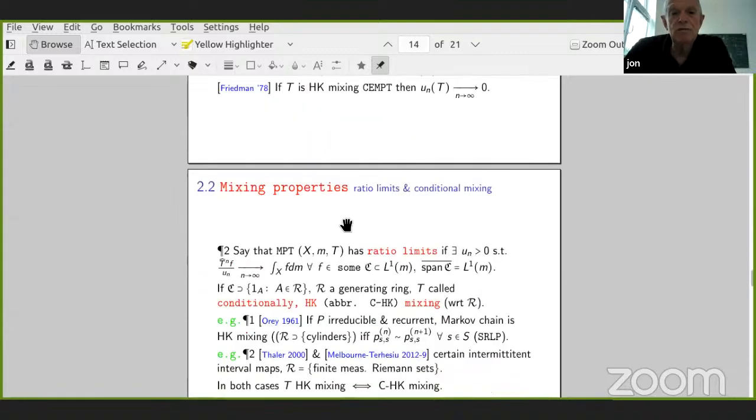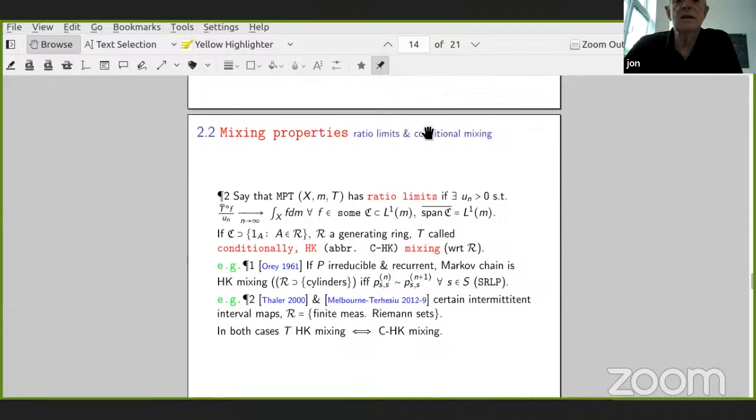Now we're going to go for ratio limits and conditional mixing. We've got a measure preserving transformation, we've got a transfer operator, so we can ask for conditional or pre-image mixing in the same kind of way.